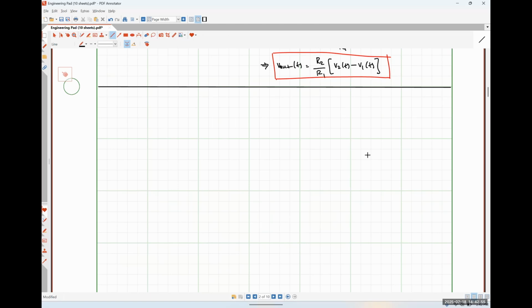So before I draw these two circuits, I want to remind you of the capacitor relationships, right? So we know that the current flowing through a capacitor is C times the derivative of the voltage drop across the capacitor.